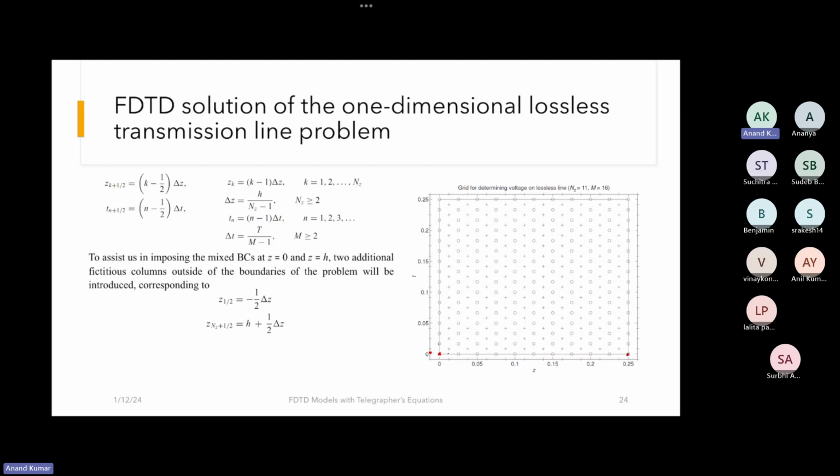For that, we define the electric field and magnetic field values. You don't have to do this in code, but to do the formulation, you will need to discretize it.